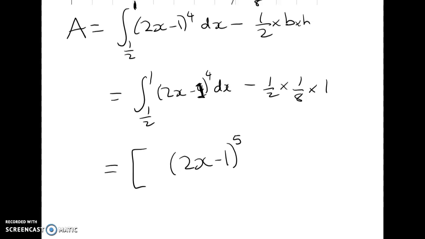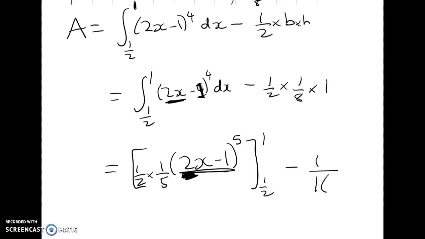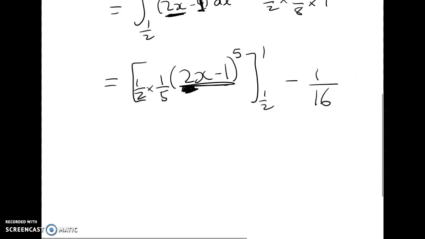So we get (2x minus 1) to the power of 5, so we need to multiply by the reciprocal there, 1/5. And when I differentiate this, we're going to have a factor of 2, so we also need to undo that. And the area of that triangle is 1/16.